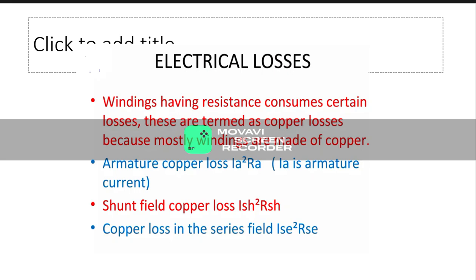Copper loss in the series field is Isc square Rsc, where Isc is the series field current and Rsc is the series field resistance. So this is all about the variable losses in a DC generator: copper loss in the armature, shunt field and series field.